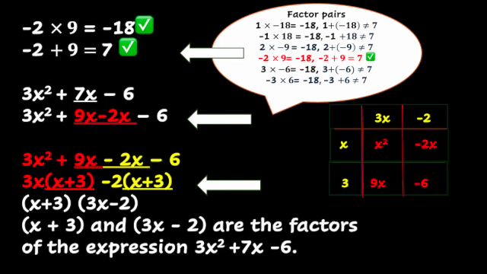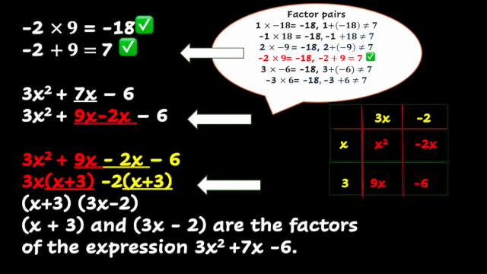So next step would be to write it as 3x squared plus 9x minus 2x minus 6. We rewrite the expression, and from the first two terms we can take out 3x common. In the bracket we are left with x plus 3, and from the last two terms we can take minus 2 common. We are left with x plus 3 again.